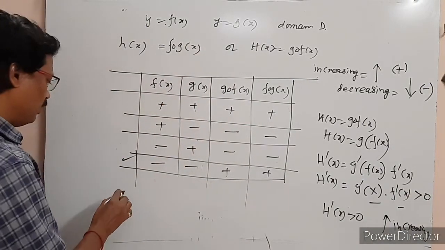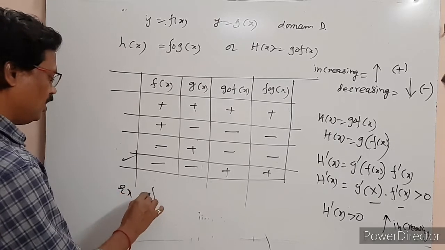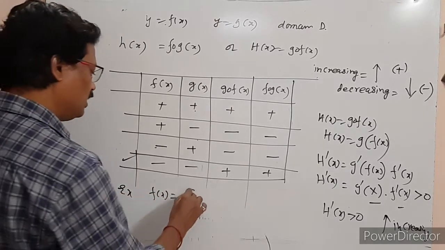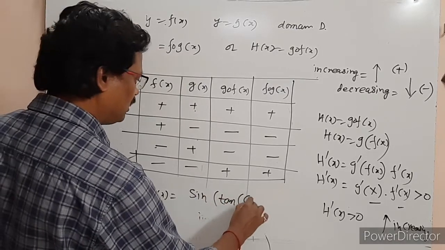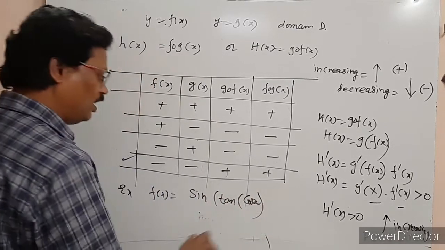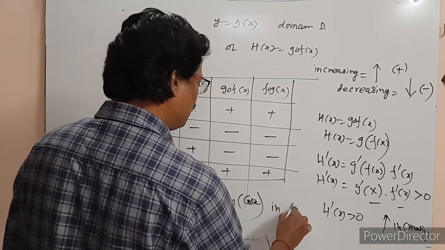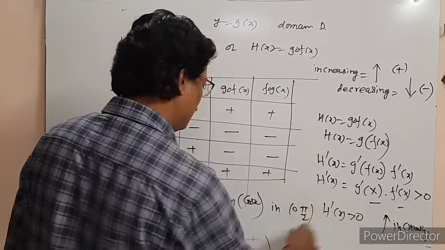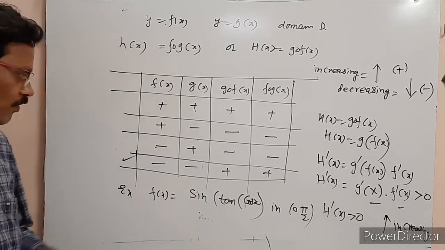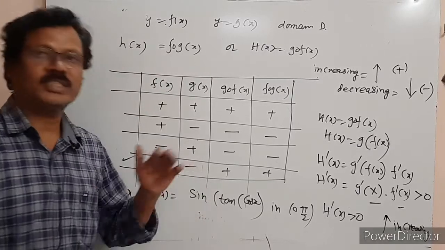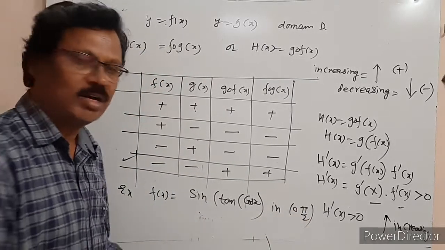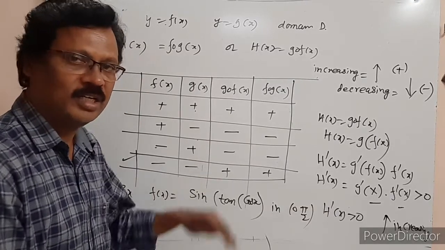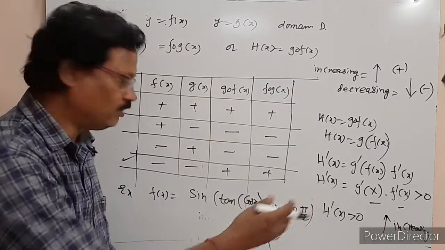Now for example, they have given like this: f x is equal to sine of tan of cos x in the interval 0 to pi by 2. In the interval 0 to pi by 2, whether this is increasing or decreasing or not. Cos in 0 to pi by 2 is a decreasing graph. It is coming down from 0 to pi by 2.